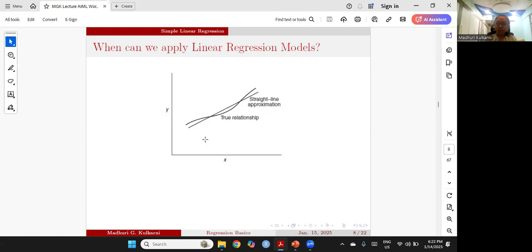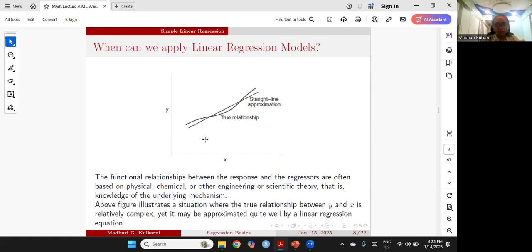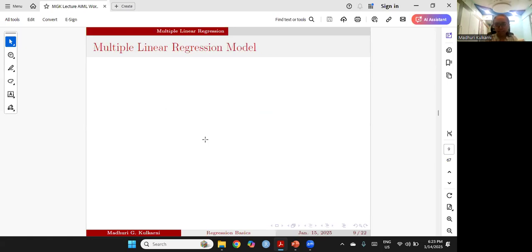But if too many values are falling far away from the regression line, then one should not go for a linear regression model. At least in simple linear regression, it's very easy to judge. These comments I have put just so that I'll be sharing these slides also, so you can refer to what I have put on these slides.